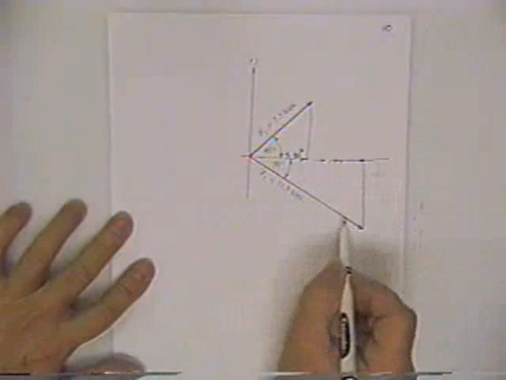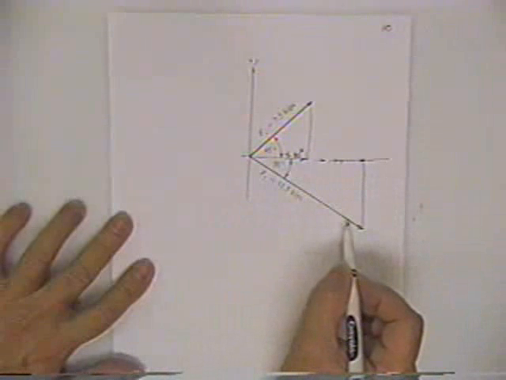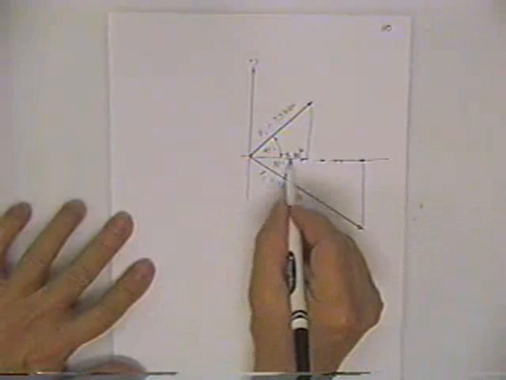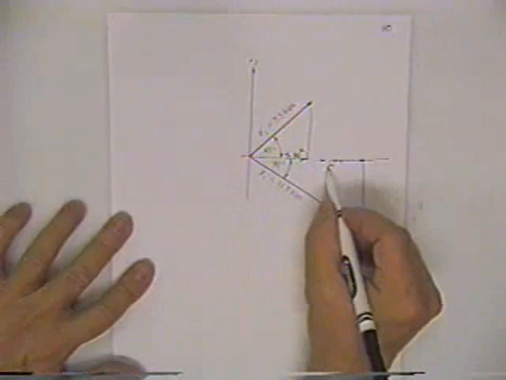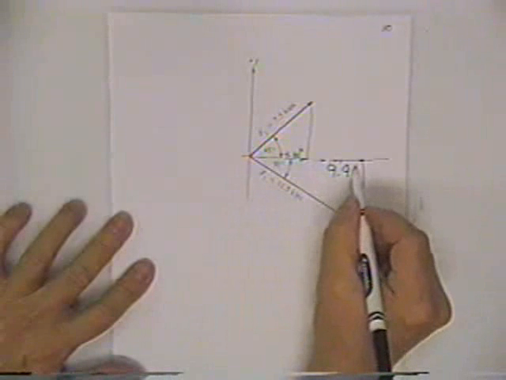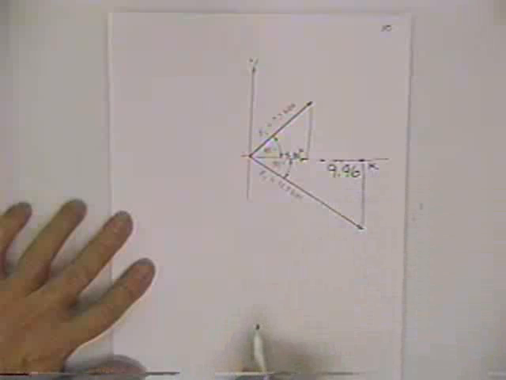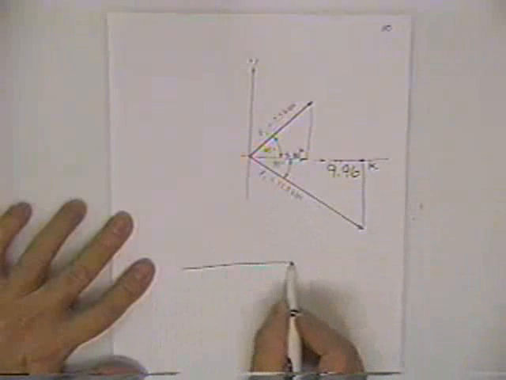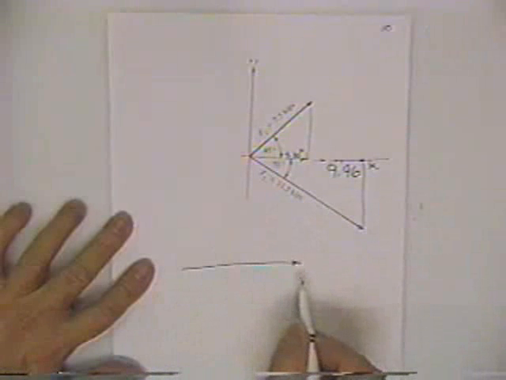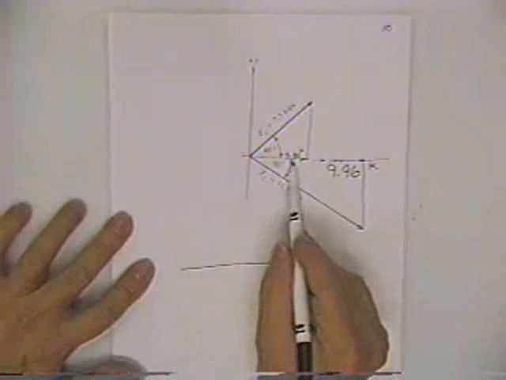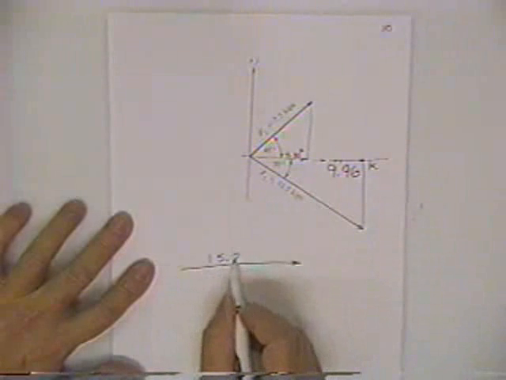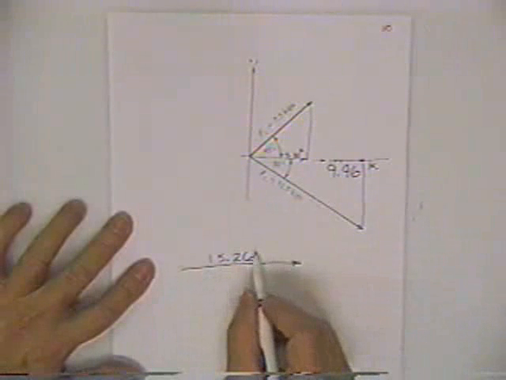We'll take the horizontal projection of the 11.5 kip force, and we get 11.5 times the cosine of 30. That gives us 9.96 kips. We add both of them together, and it comes out a total of 9.96 plus 5.30, 15.26 kips.